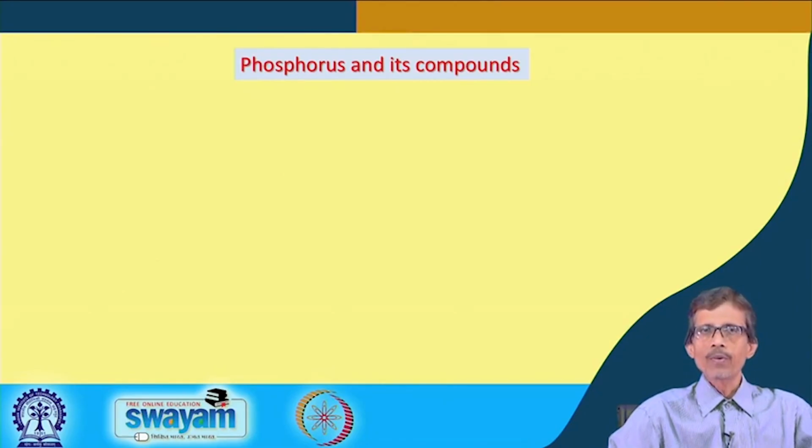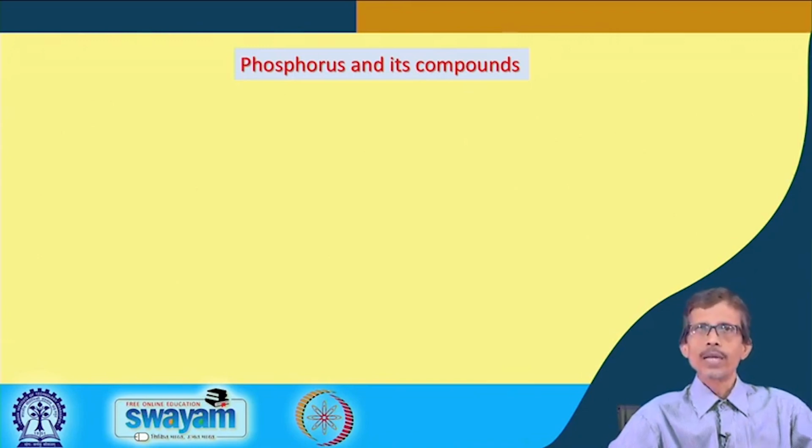If we have the supply of these phosphate rocks for industrial purposes, we can utilize them for isolating phosphorus as elemental phosphorus. So isolation of elemental phosphorus as well as its conversion to compounds will be our discussion today.